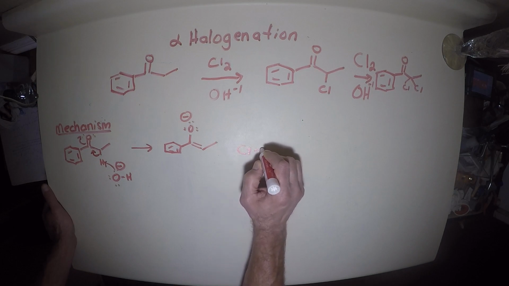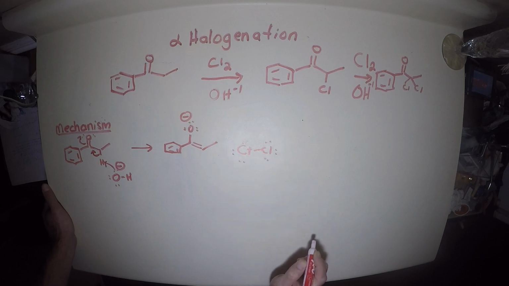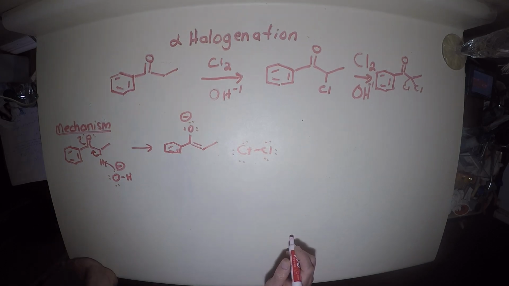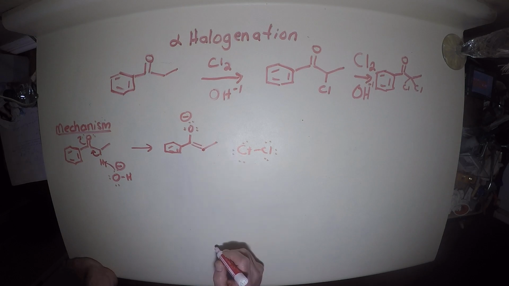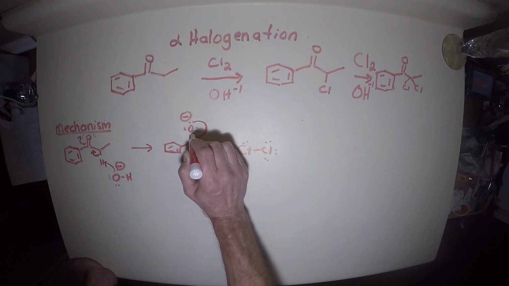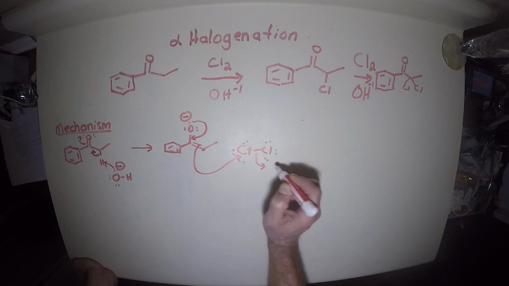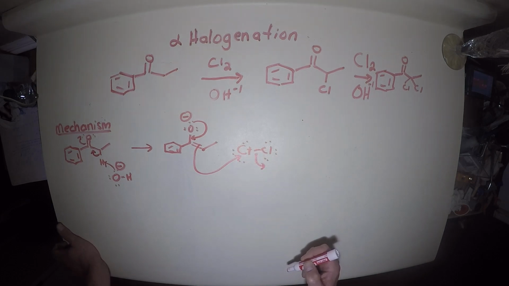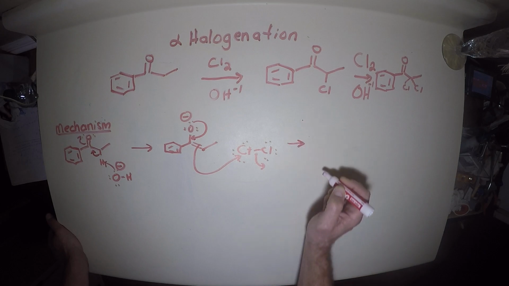The enolate can then attack a halogen such as chlorine, and again the attack is from the alpha carbon. Mechanistically, we can show it assisted by reforming the carbonyl, and this also generates a Cl- species.